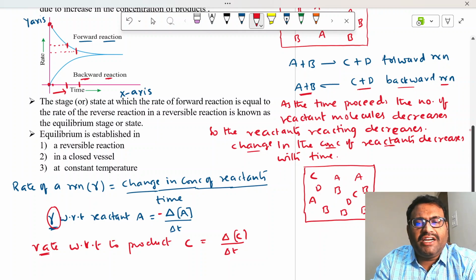As the reaction time is proceeding, C molecules and D molecules are increasing. Initially we don't have any C and D products. As the time is proceeding, C and D are increasing.